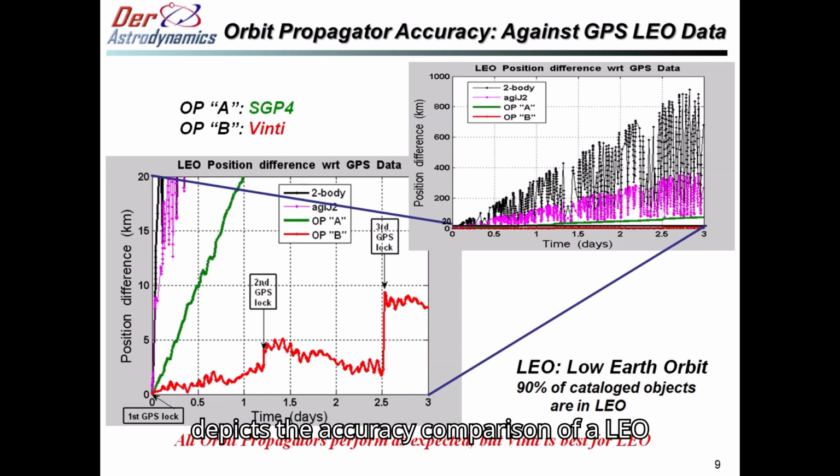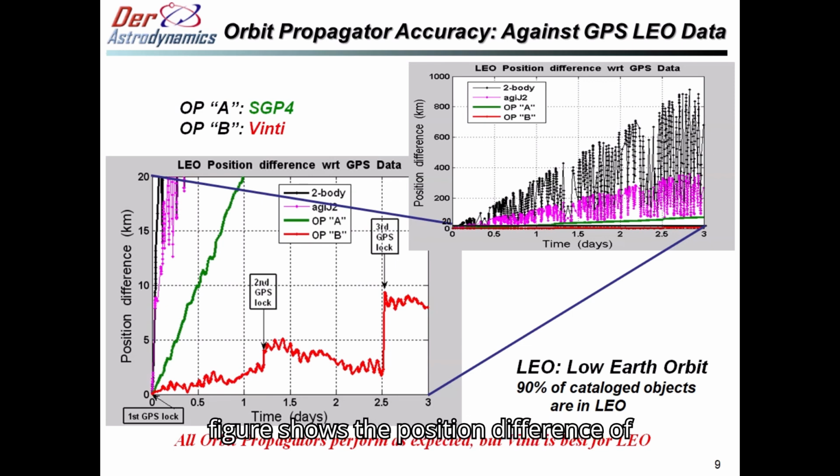This picture depicts the accuracy comparison of a LEO object, a Globalstar satellite at altitude of about 1,500 kilometers, in terms of position difference of 4 analytic orbit propagators against GPS reference data.